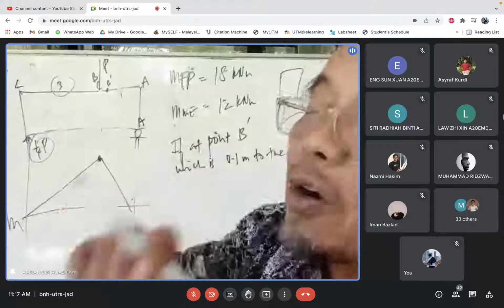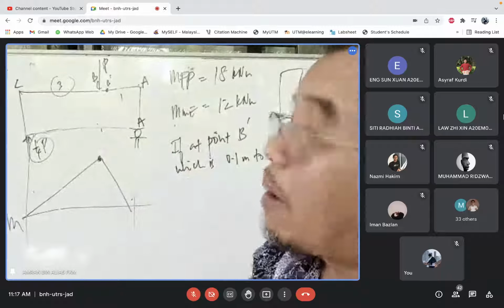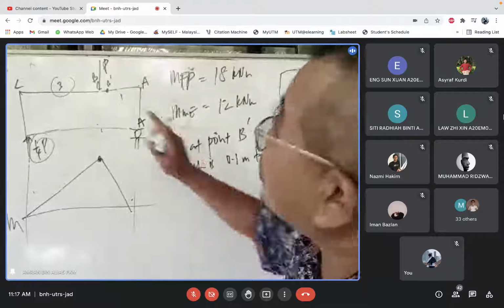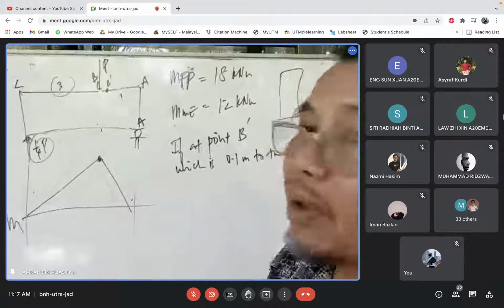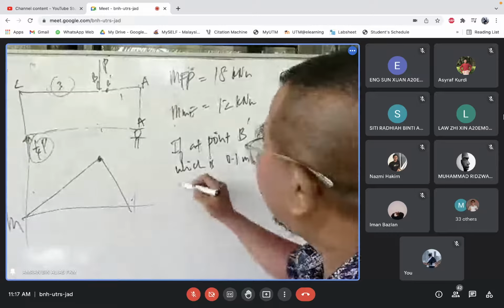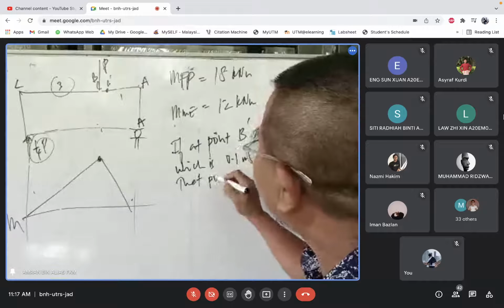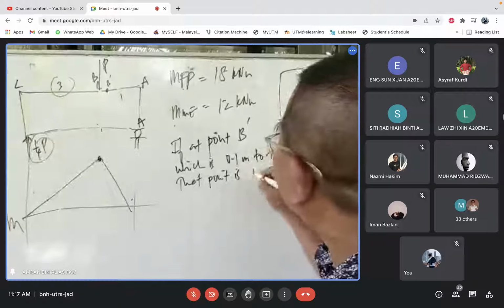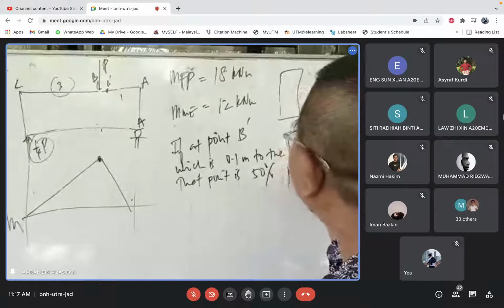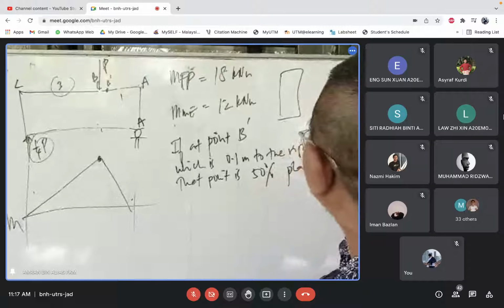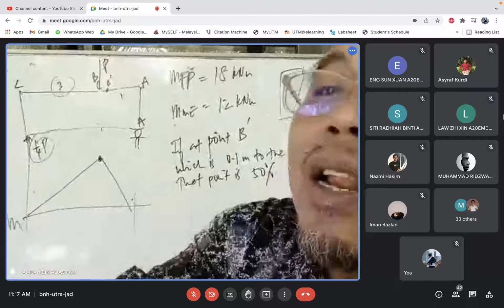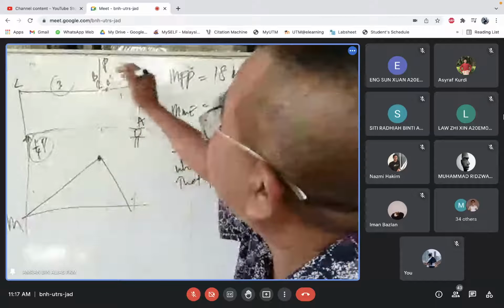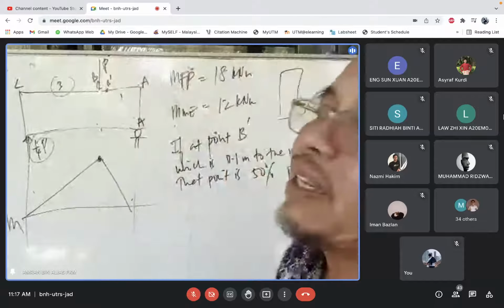That is what I asked you from the beginning. But from your reading here, can you get that point? That point is 50% plastic. Not the B point. B dot point is 50% plastic.